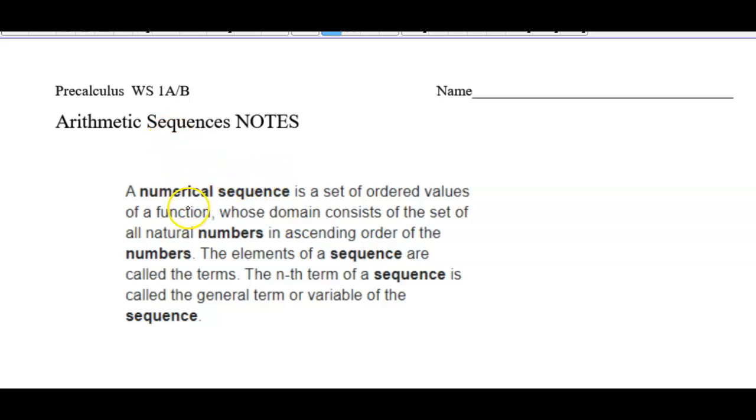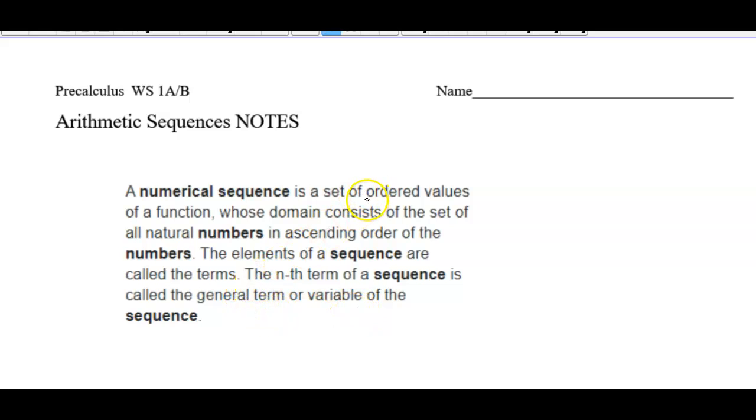The definition of a sequence that I looked up is: a numerical sequence is a set of ordered values of a function whose domain consists of the set of all natural numbers in ascending order. The elements of a sequence are called the terms. That is important, okay? They're called terms. The nth term is called the general term or variable of the sequence.